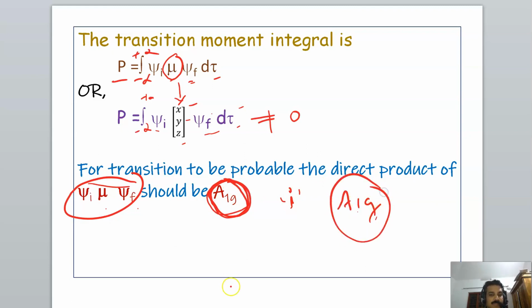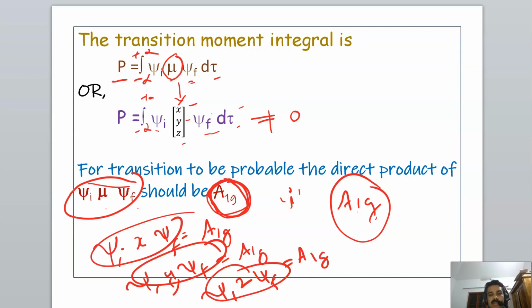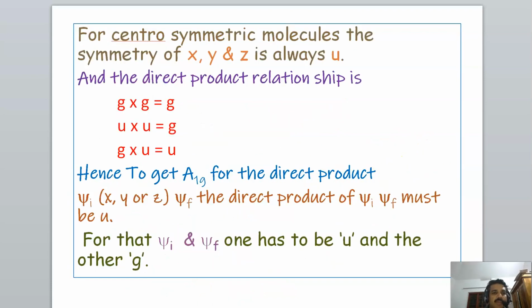That is, psi i x psi f should be A1g, or psi i y psi f is equal to A1g, or psi i z psi f is equal to A1g. Any of these direct products must be A1g, then only is the integral not equal to 0 and the transition becomes probable.